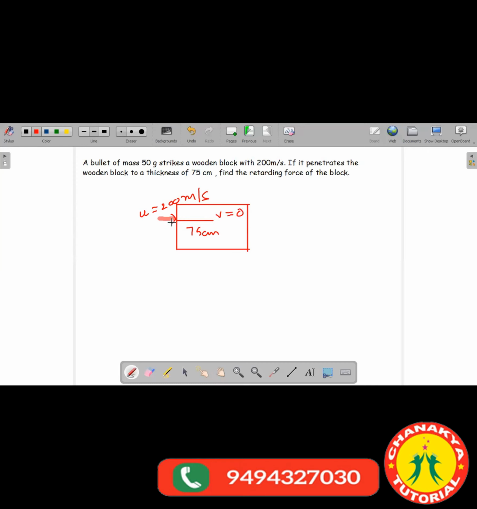So in this case, we can observe that some work is being done by this block on the bullet to stop it. And we know that the amount of work done is given by change of kinetic energy. So we will try to find out the amount of work done in the form 1 by 2 mv squared minus 1 by 2 mu squared.